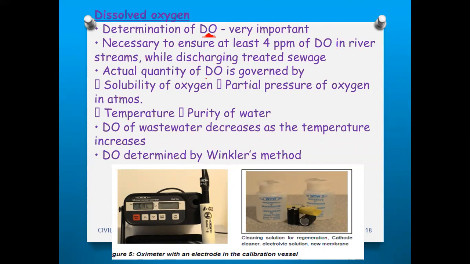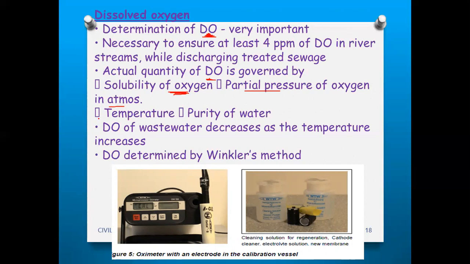The actual quantity of dissolved oxygen is governed by the following. The first one is the solubility of oxygen: how much oxygen is dissolved in the sewage wastewater. Second, the partial pressure of oxygen in the atmosphere: how much pressure of oxygen is present in the atmosphere.